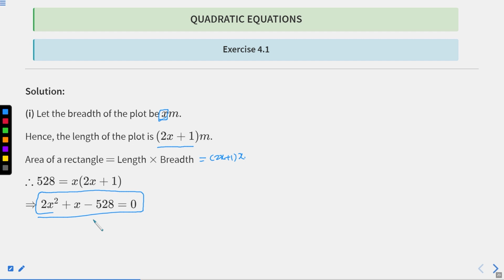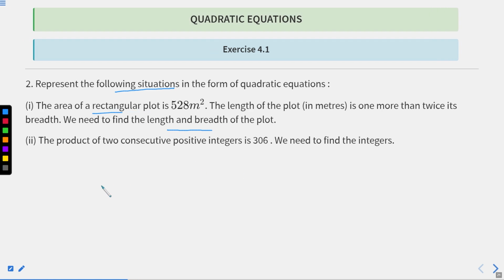Now let us move to the next question. Here we are asked that the product of two consecutive positive integers is 306 and we need to find the integers.